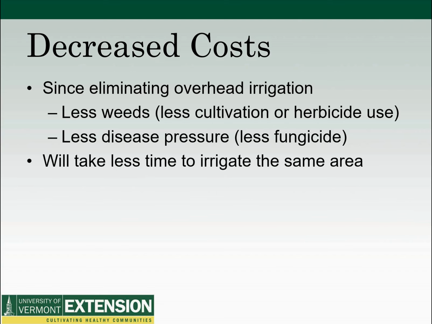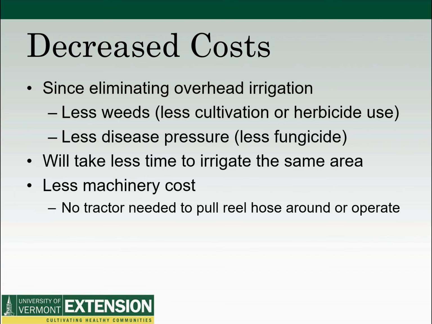They'll also take less time to irrigate the same area, which leads to less machinery costs. They won't need a larger tractor to pull the reel hose around and to operate it. Also, less labor is needed to set up, operate, and take down and move the irrigation system from field to field.